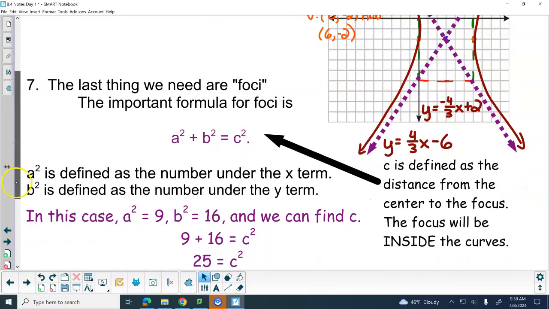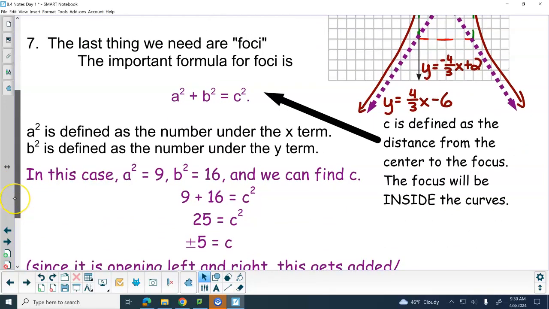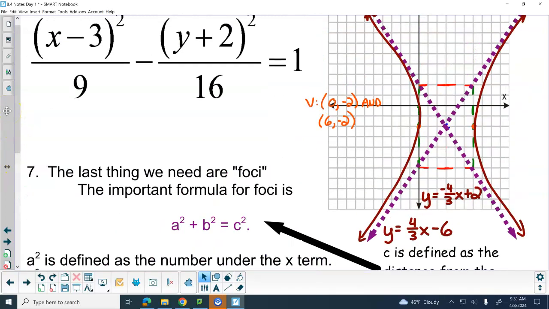Okay. So a squared plus b squared is going to be 9 plus 16. 9 plus 16 is 25. Square root of 25 is 5. Okay. So since this is opening left and right, let me put the center on our list of points too, since we have everything else listed.